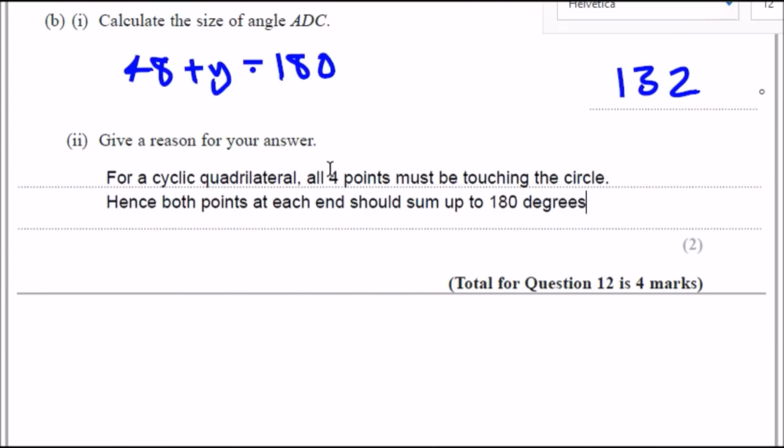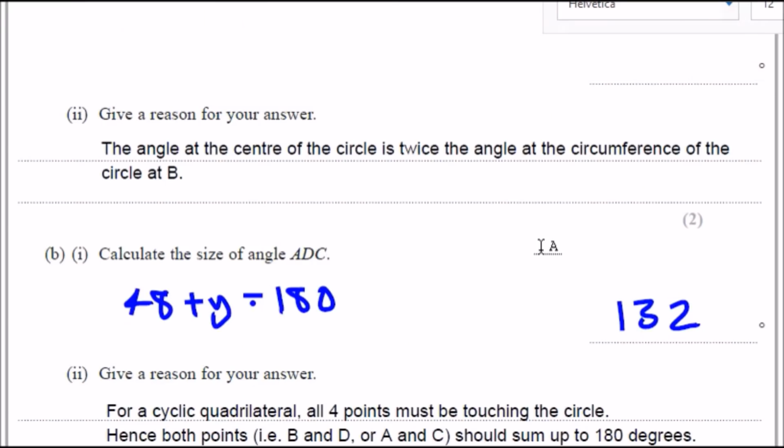I.e., D and B, or A and C. Keep it simple like that. And that's it. You should get all the marks, as long as you mention cyclic quadrilateral and that it sums up to 180, you're fine.